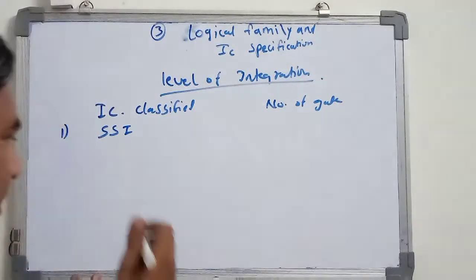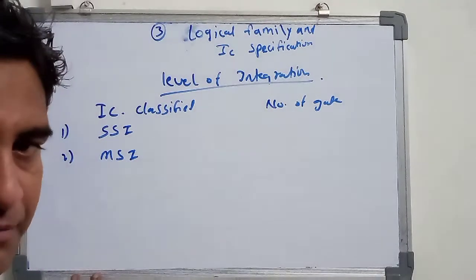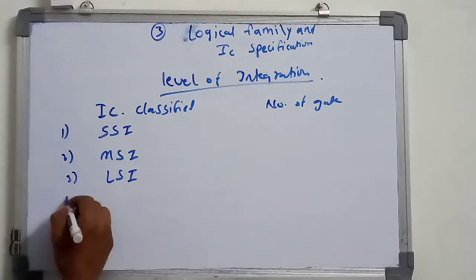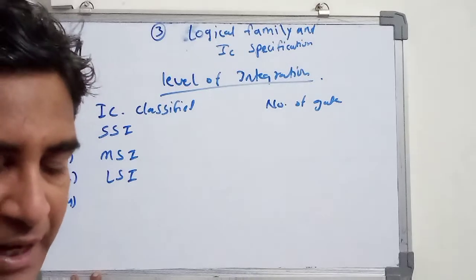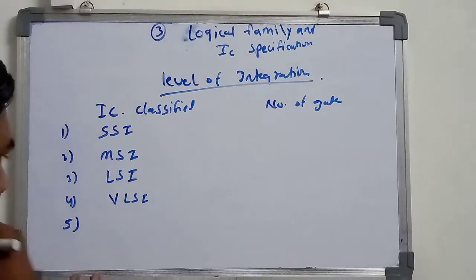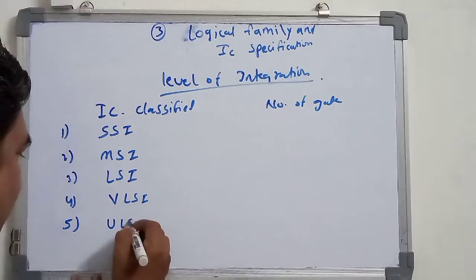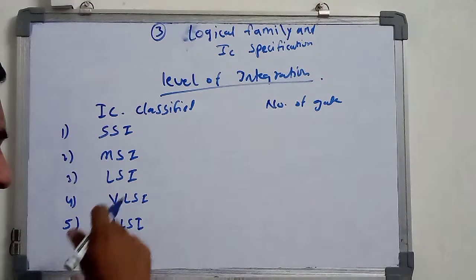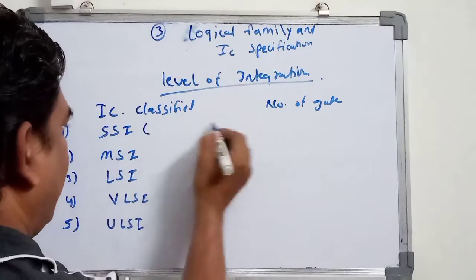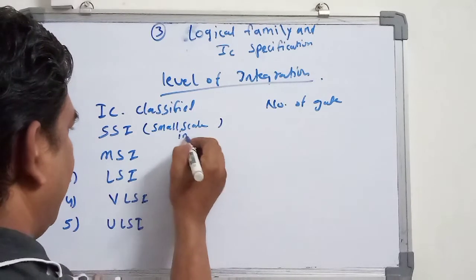The second classification is MSI. The third classification is LSI. The fourth classification used in the IC is VLSI. And the fifth classification is ULSI, ultra large scale integration. Okay, now here I am writing the full form: small scale integration.